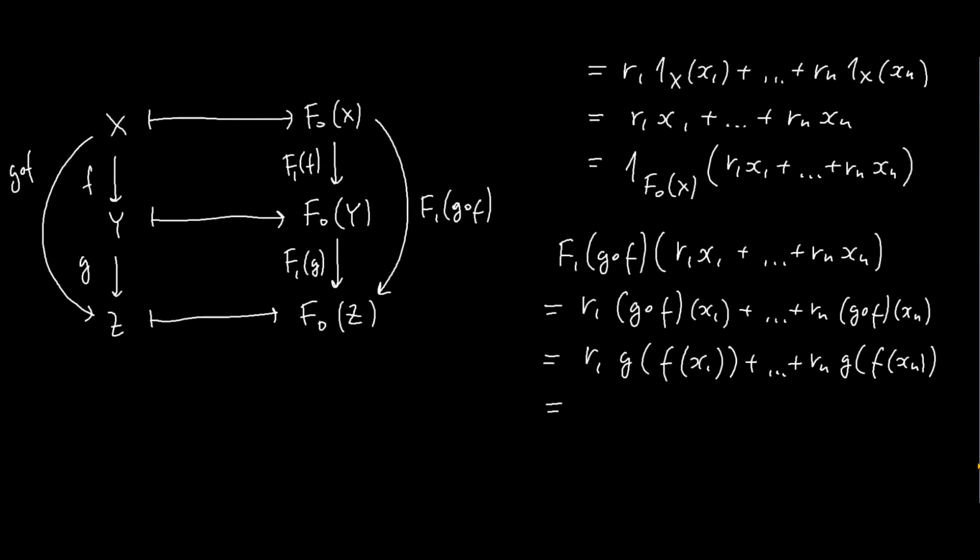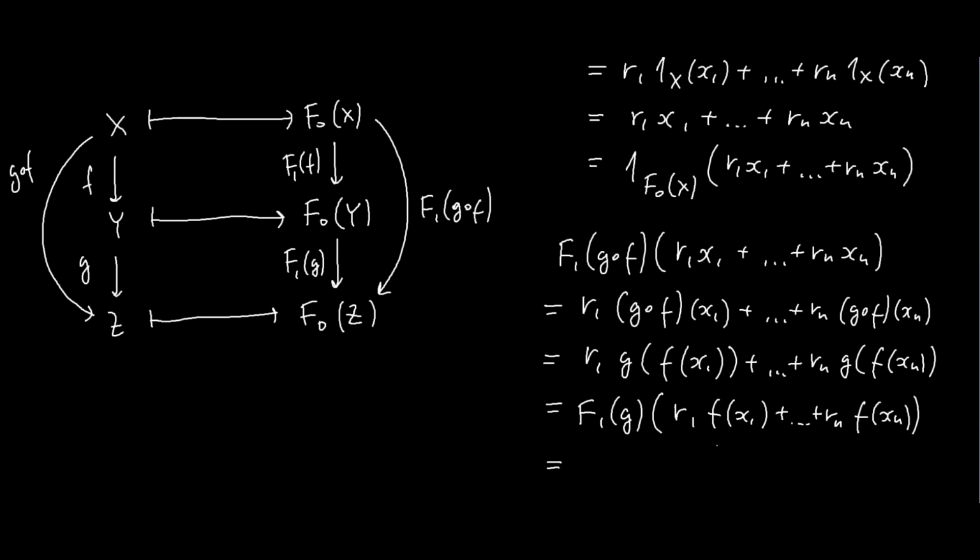So we first take the G out. It goes out by the definition of, no, sorry, something is wrong here. No, nothing is wrong, sorry. So by definition of F1 of G being a linear map, this is actually equal to that map applied to R1 F of X1 plus all the way up to Rn F of Xn.